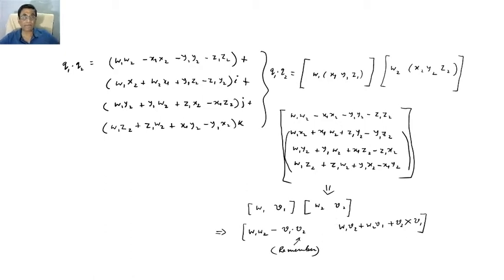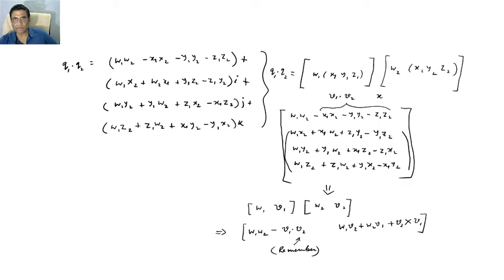See, be a little bit careful. There are some sign changes, and don't worry. This is actually representing this. So if you do this yourself, w1 w2 minus V1 dot V2. So this is perfect, right? What is this quantity? This is V1 dot V2, isn't it?